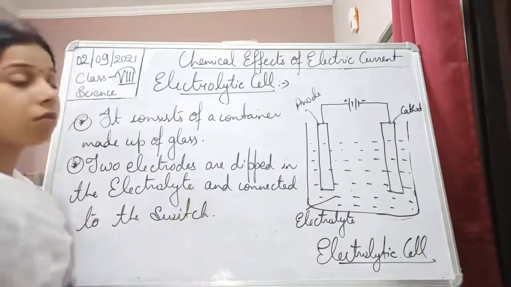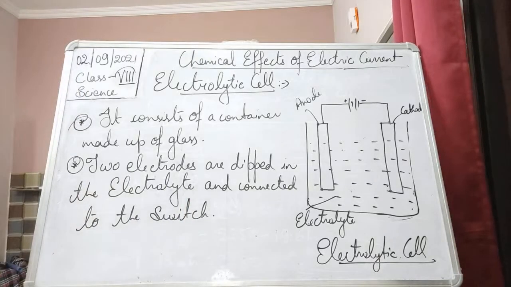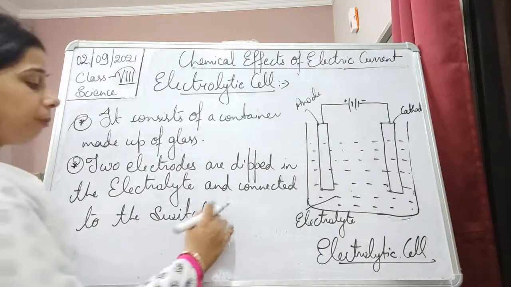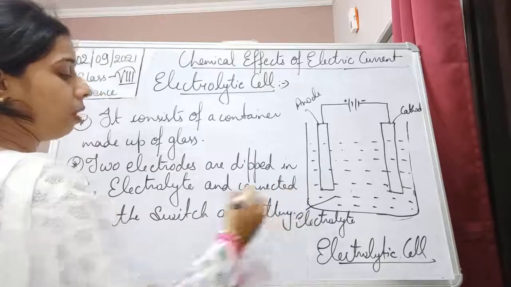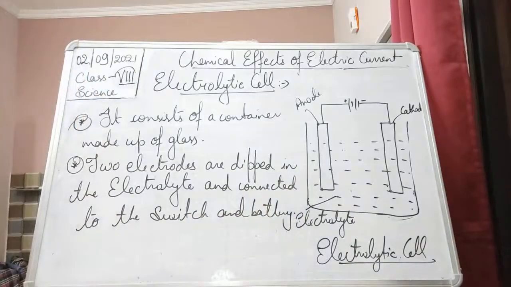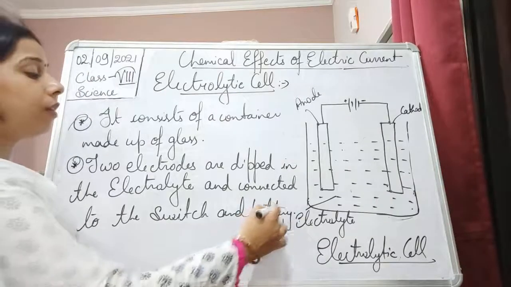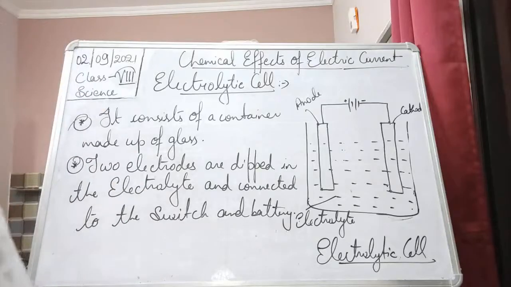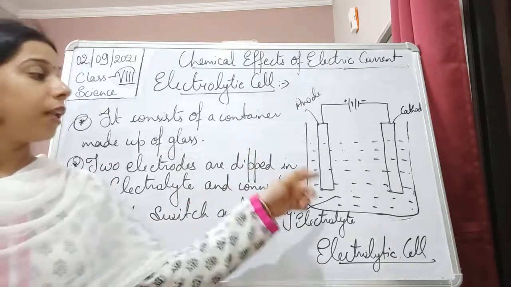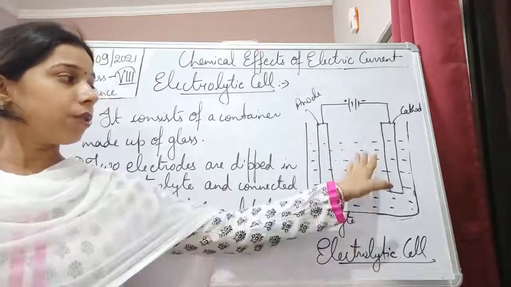Okay, so it is also connected to the switch here, or it can be a battery. What happens when the device is switched on, then the current starts flowing through the electrode and it enters into the electrolyte.